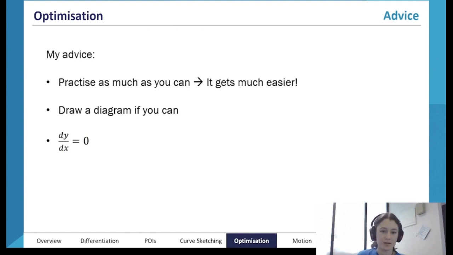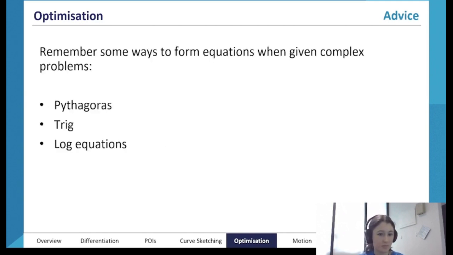My advice, again, for optimization is practice as much as you can. Practice a range of questions. Draw a diagram. Remember that you need to find when the first derivative is equal to 0. These are some typical ways to form equations if you're given a complex problem where you just add some values together. Pythagoras, if you have something involving triangles. Trig ratios.